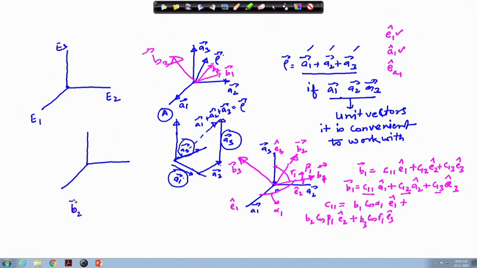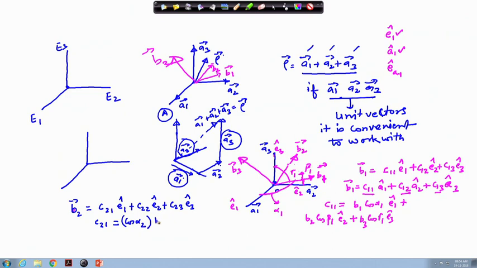In the same way, your B 2 can be expressed. So, B 2 you will have C 2 1 E 1 cap plus C 2 2 E 2 cap plus C 2 3 E 3 cap, where C 2 1 now represents cos alpha 2 times the magnitude of vector B 2.